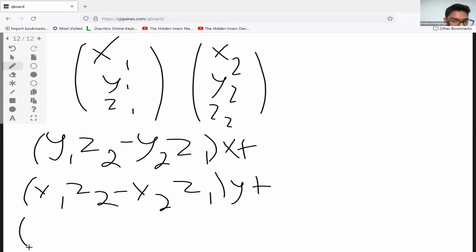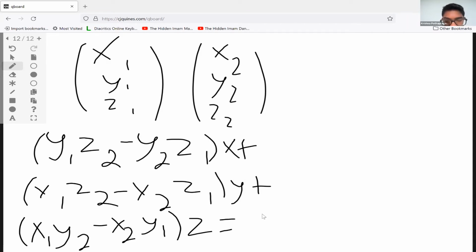I'm just writing it out so that we don't have to actually deal with vectors or anything. So this is the equation of the line between any 2 points. This can be checked by algebra, as I said.